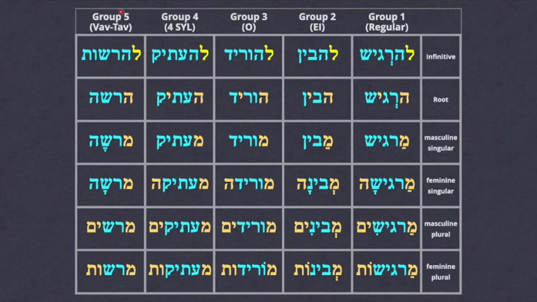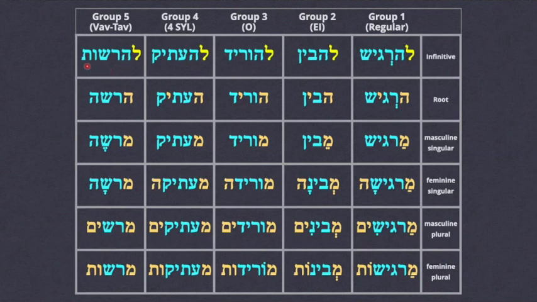And then finally, we have our group 5, our vav tav group, and we've seen this type of verb in pi'el and also in pa'al, where the infinitive ends in a vav tav. And again, infinitive just means the to form of the verb, like to allow, to copy, to lower, to understand, to feel, etc. So the infinitive ends in a vav tav, and so we convert that vav tav into a he.